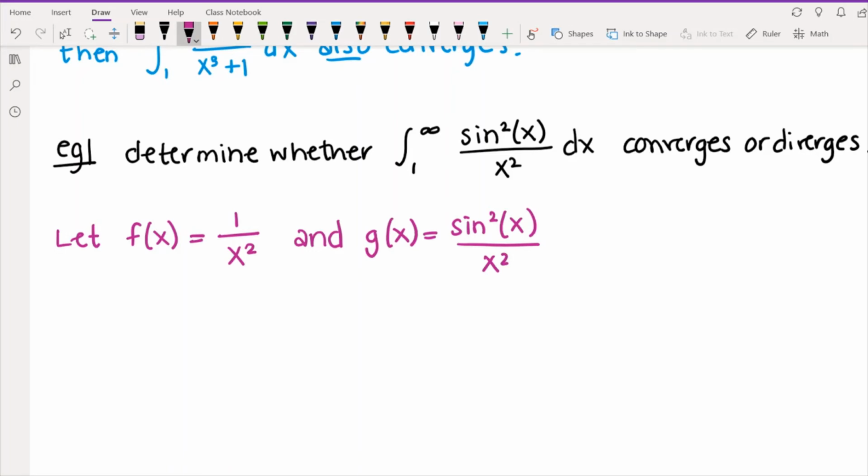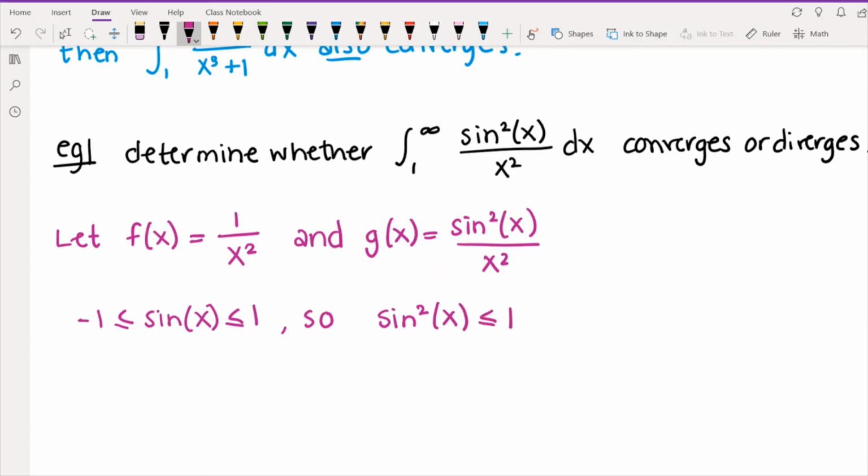Well, sine of x, if it wasn't squared, we know that sine of x is between -1 and 1, right? For any value of x, sine of x is always between -1 and 1. So what about sine squared of x? Well, sine squared of x is less than or equal to 1, right?